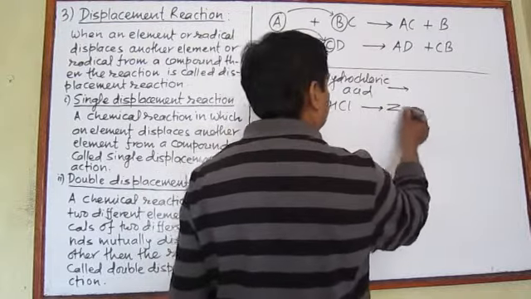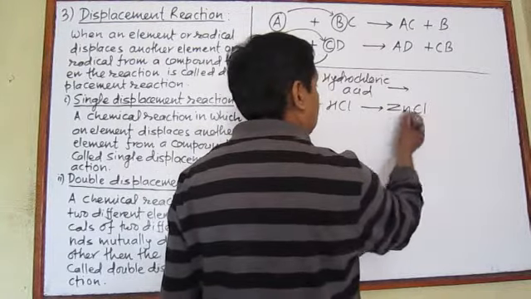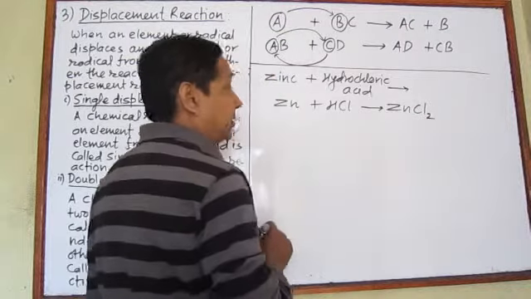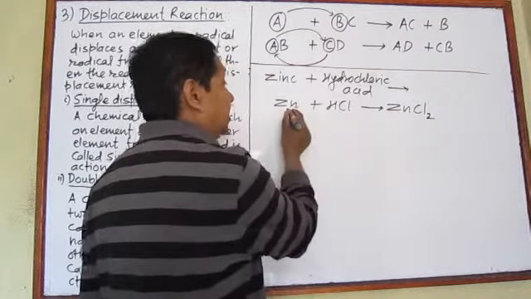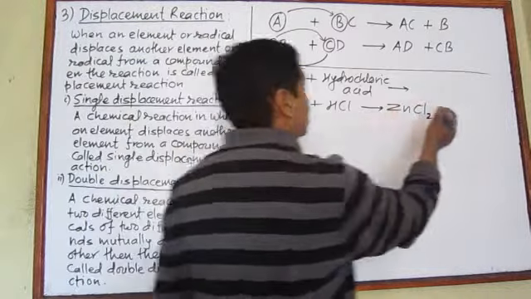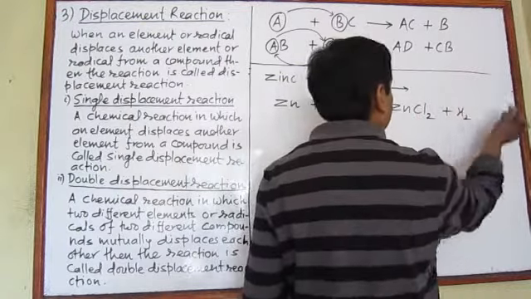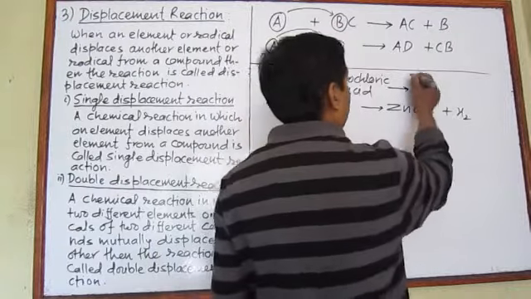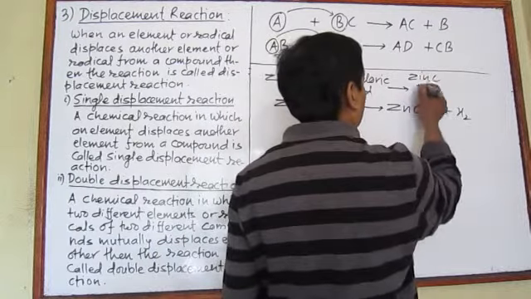Then we'll have ZnCl. Valency of zinc is 2, that's why I am giving here 2. Chlorine 1. Not necessary to exchange. And hydrogen is displaced by zinc. When hydrogen becomes free, it is diatomic, that's why we are adding H2. The name of this compound is zinc chloride.